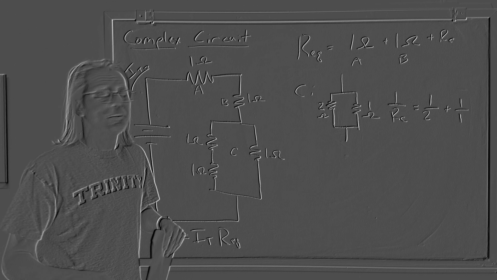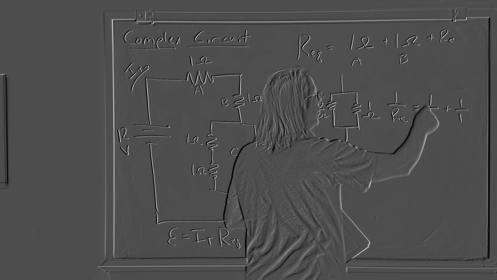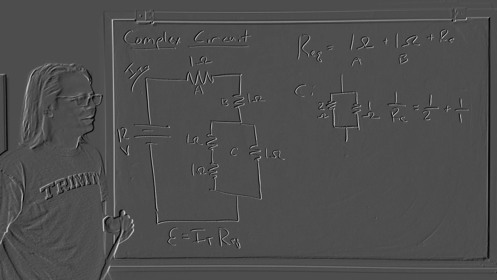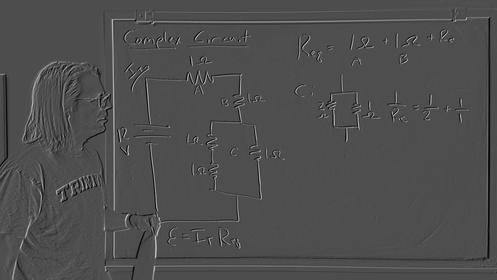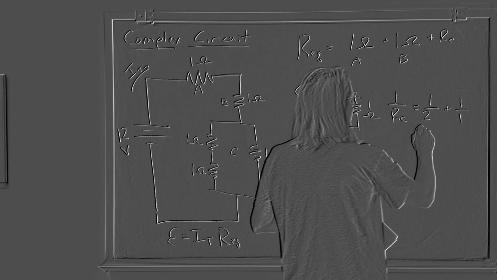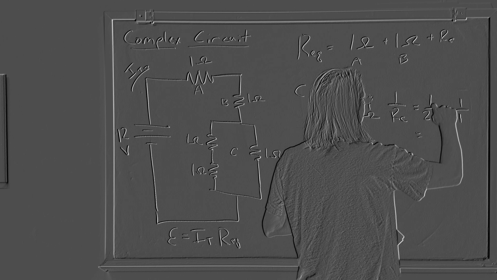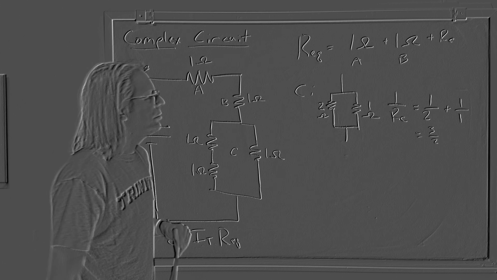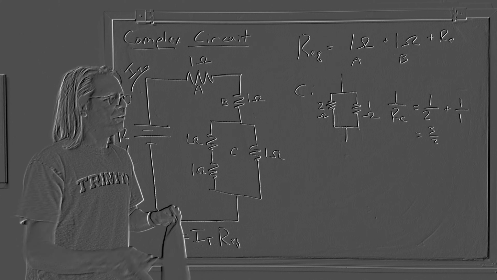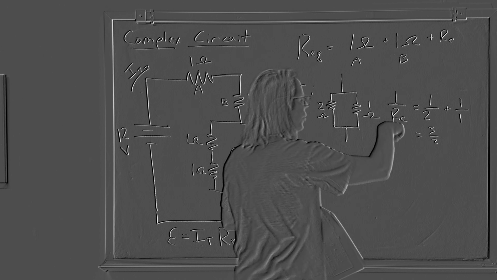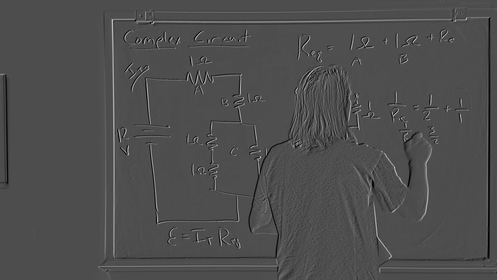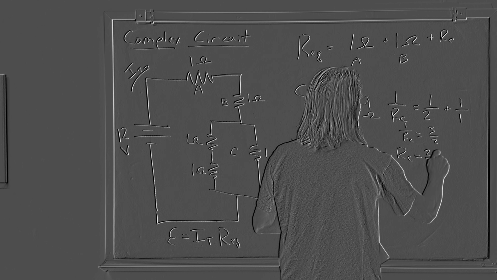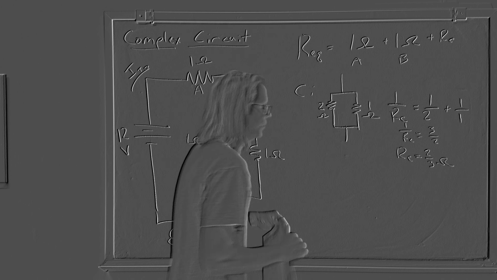If you want to be completely thorough, you could write 1 over 1 plus 1, if you wanted to not immediately jump to calling that a 2. But you'll get there. So what is this? This is 2 over 2, this is 3 over 2. So you say, oh, it's 3/2 ohms. No, remember, flip it back over. 1 over RC is 3/2. So RC is 2/3 of an ohm.